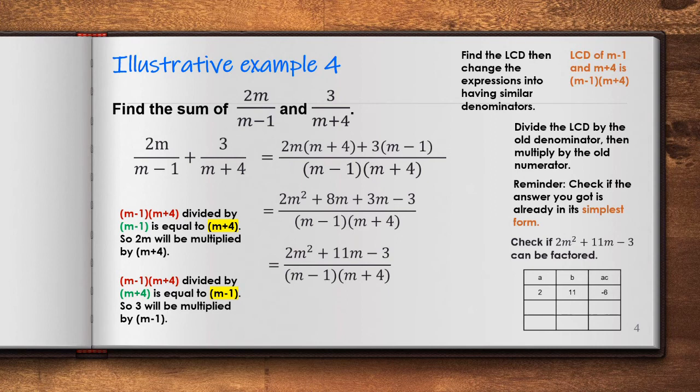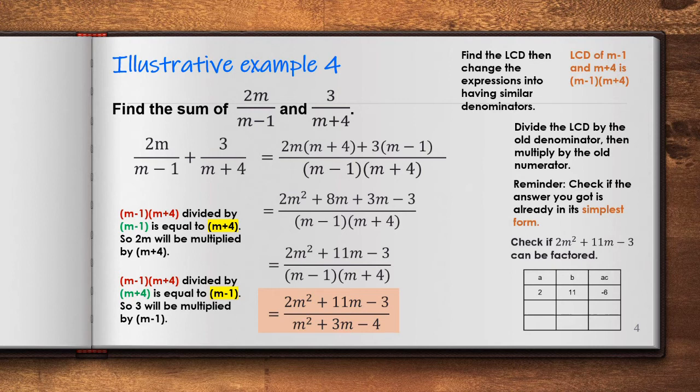So here, the product of A and C is negative 6, and we have to think of the factors of negative 6 that will add up to positive 11. No set of factors for negative 6 will add up to positive 11. So we will just retain the numerator that way, and then, to make the expression simplified, we will multiply m − 1 by m + 4. And this is the final answer.